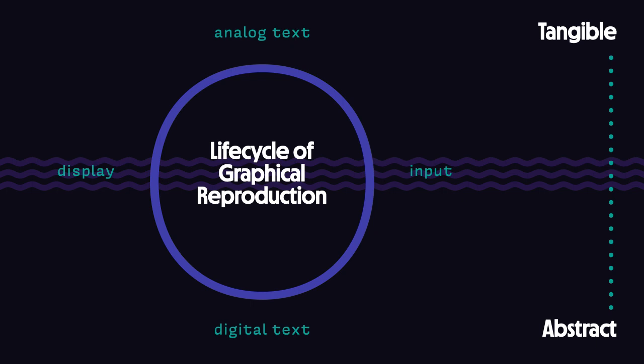But they are forced to understand this whole life cycle and to manipulate the digital text directly, going through the complex input and complex display processes just to get their analog text reproduced elsewhere.